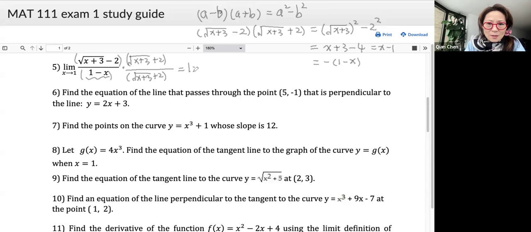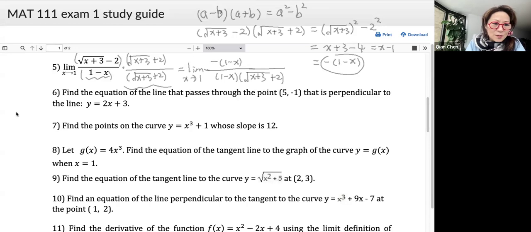In that case, in the denominator we still get a 1 minus x, but the numerator we get negative (1 minus x), and the denominator still has square root of x plus 3 plus 2.